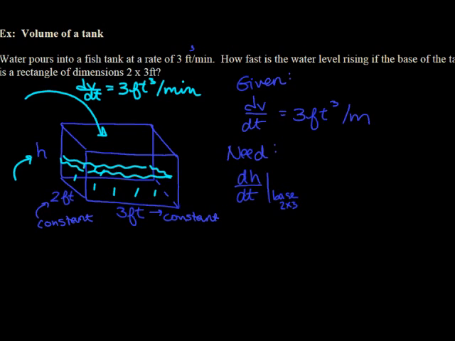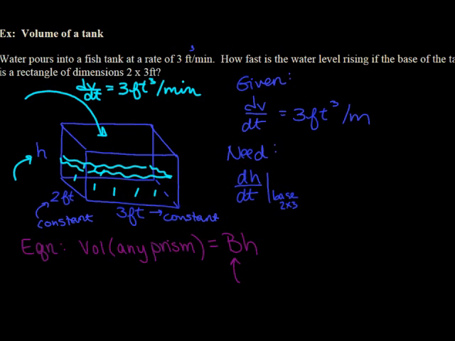All right, so the equation that's going to relate all of these together, we're really just dealing with volume. So we need to know the volume formula for a rectangular prism. Well, for all prisms, so the volume for any prism is equal to the area of the base times the height.